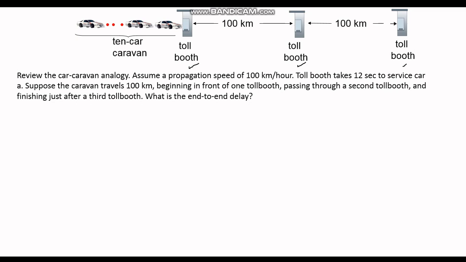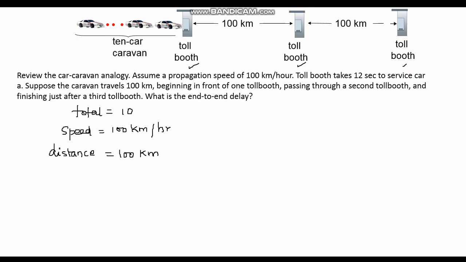So the total number of cars is 10, the speed is 100 km per hour, and the distance is 100 km. Let's find out what else is given here.